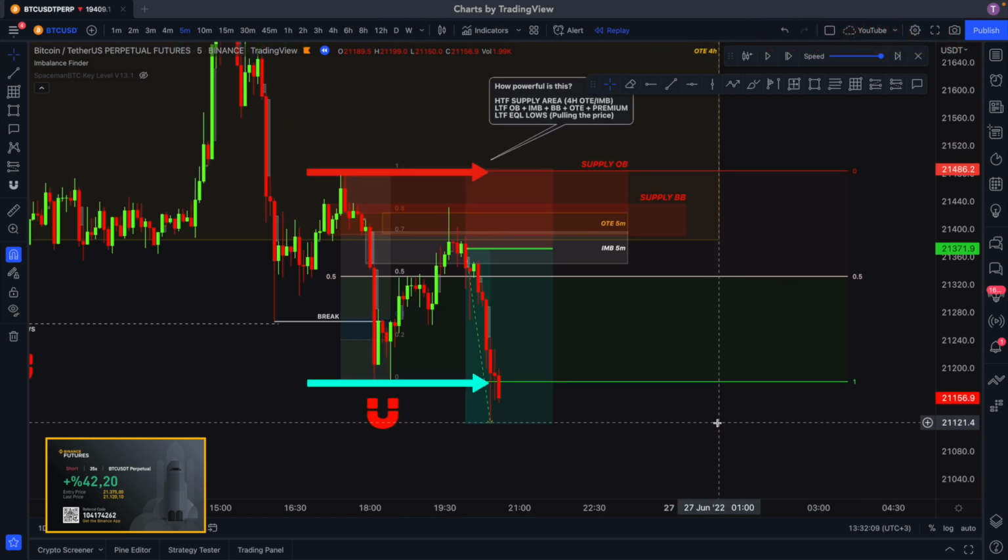My stop loss is at the previous swing high, as you can see. My target is equal lows because the liquidity waits there.